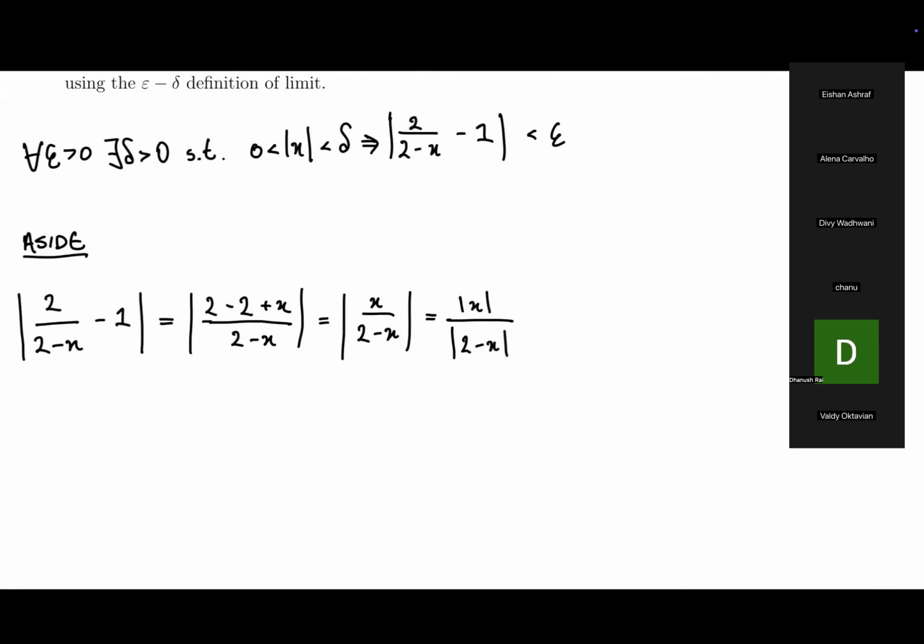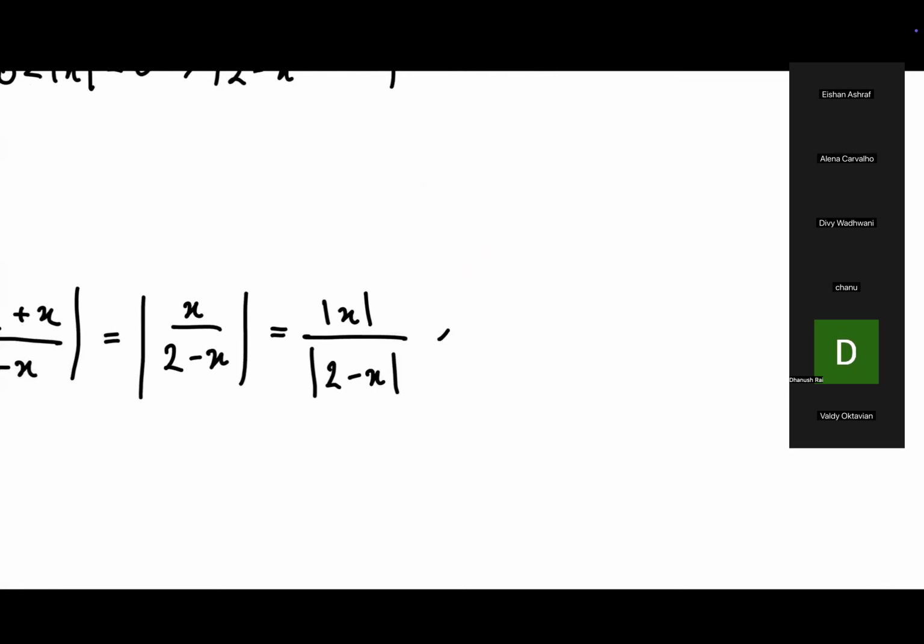And we can see that now we have this term right here, right? Because we're trying to find an upper bound for it, we can basically sub in delta over 2 minus x. But because we know the bottom is not a constant, we don't know exactly how we can really bound it. We can't just bound it with delta.